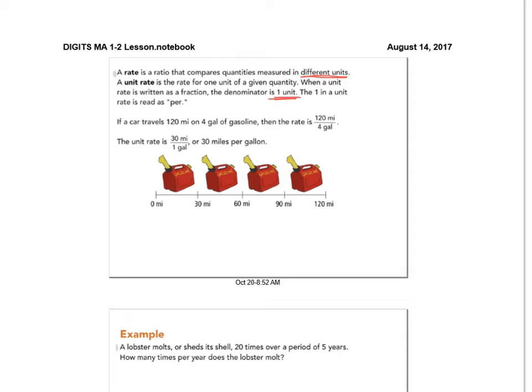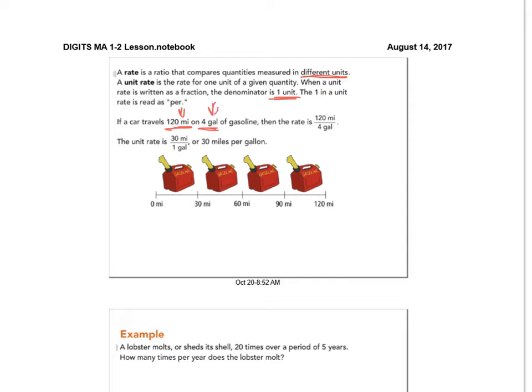So when you are driving a car or traveling, you have 120 miles on 4 gallons. Okay, so we're comparing miles to gallons.